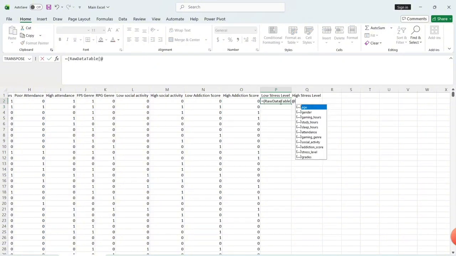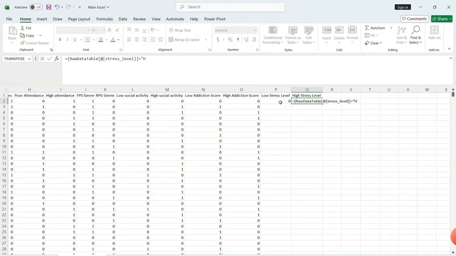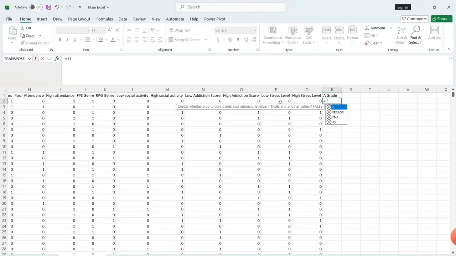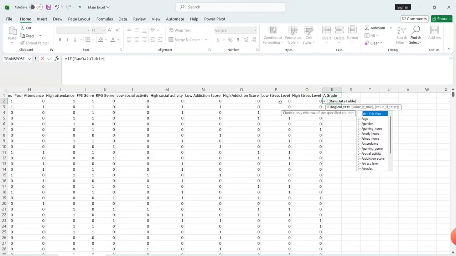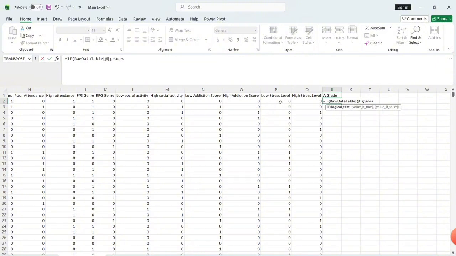Stress levels were already categorized as low, medium and high, so we will only use the low and high values for dummy encoding. And finally, we encode the A grade as our dependent variable.